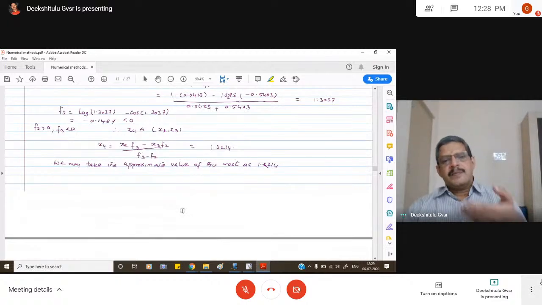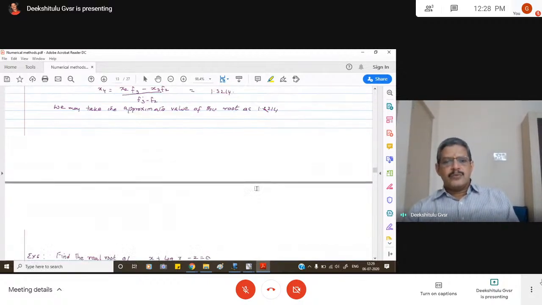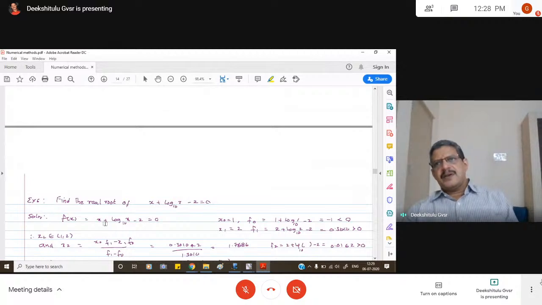We take the approximate value. Because x3 is 1.3037, x4 becomes 1.3214. You have to take this procedure further for two to three steps to see that the approximations converge to 1.3214. I have written the statement to save time, since we would have to repeat the process repeatedly. You can practice that.